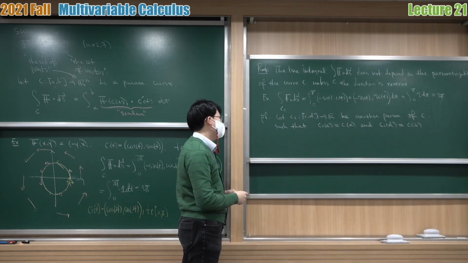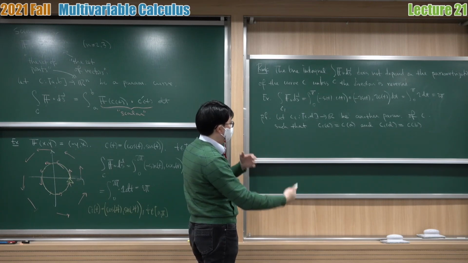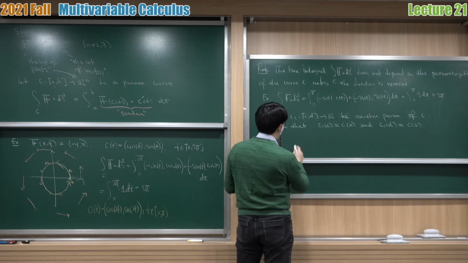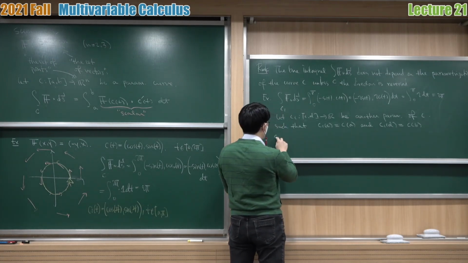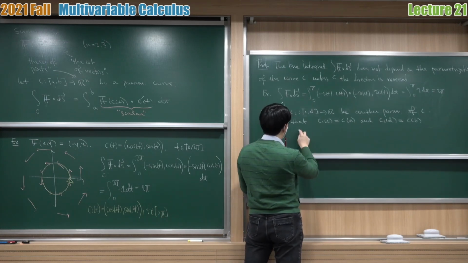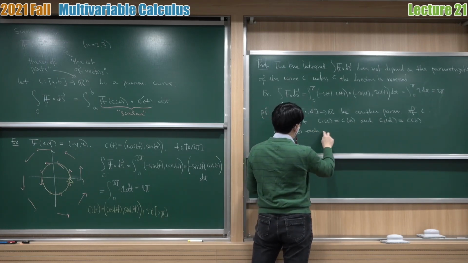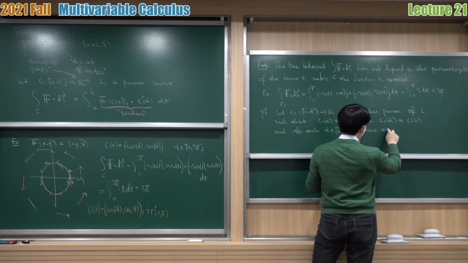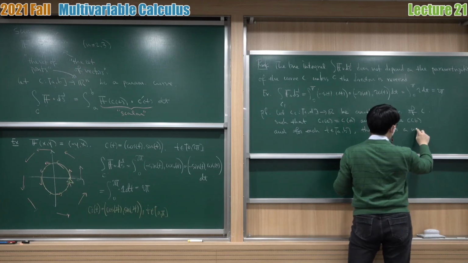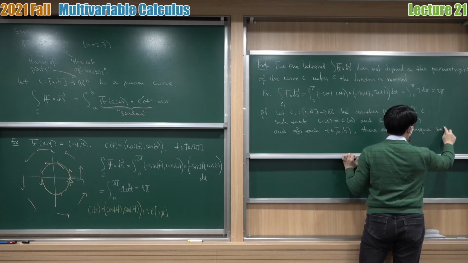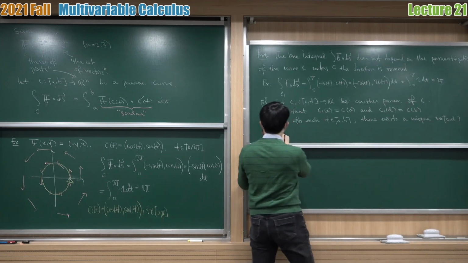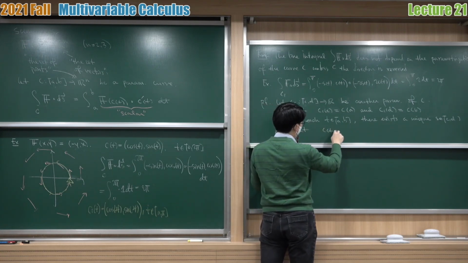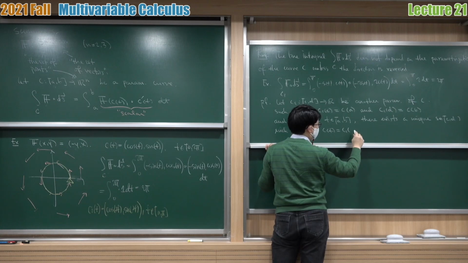And if I have to say in mathematical language that there's no back and forth in the C1 parameterization, I should write it this way: for each t inside [A, B], there exists a unique s inside [C, D] such that C(t) equals C1(s).